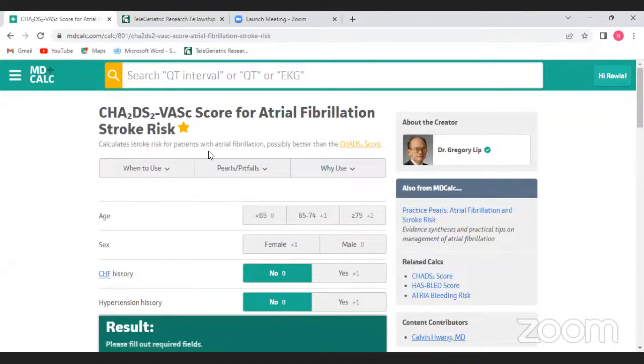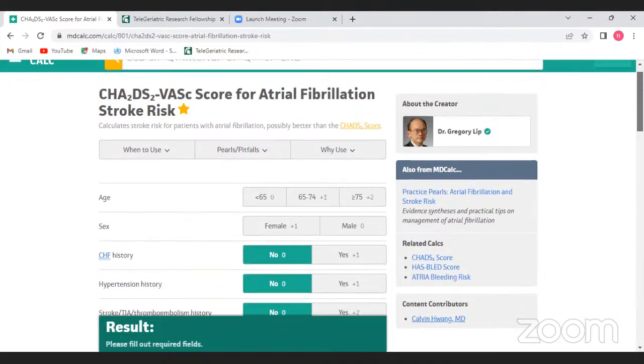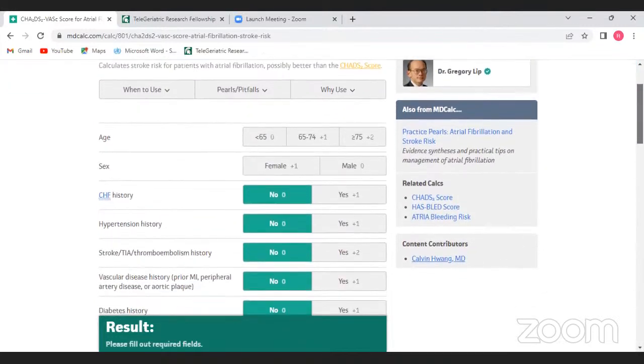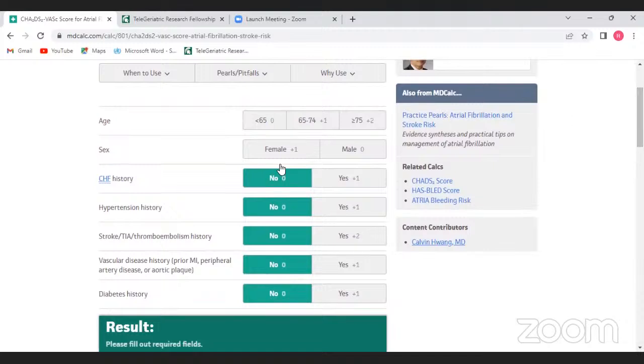It calculates stroke risk for patients with atrial fibrillation, possibly better than the CHA2DS2. As we mentioned, it should be used for the patient who scores 0 on that score to better assess his or her risk of having a stroke.